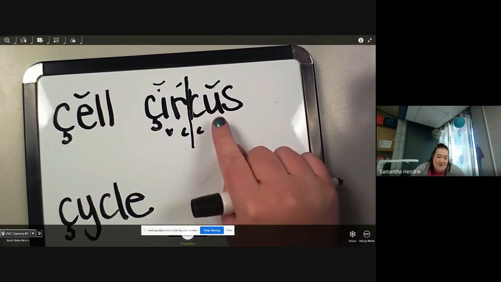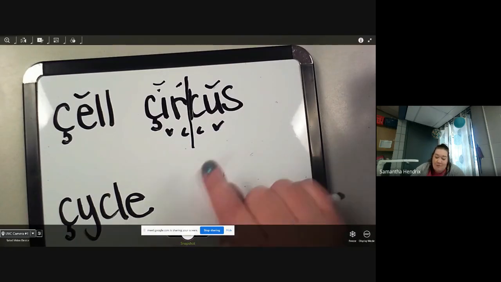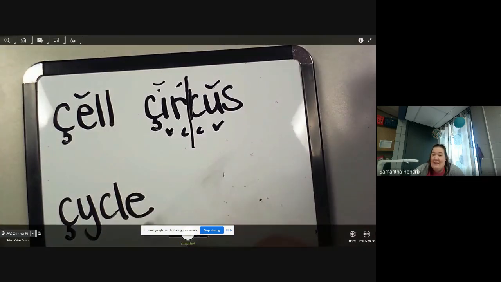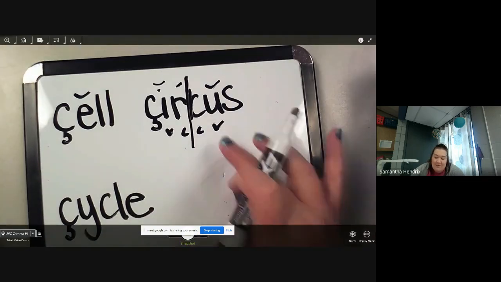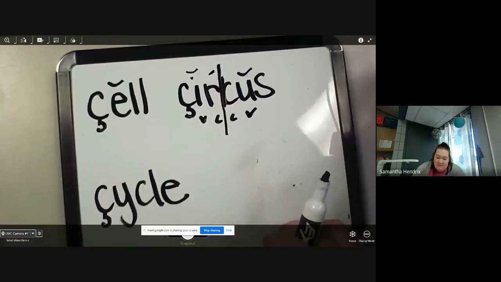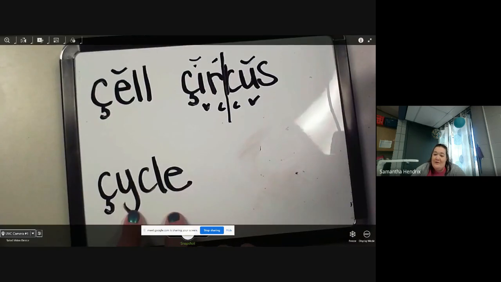Yeah, because it's followed by a U, right? We only do the cedillas on the C's that are followed by E, I, or Y. Okay, this is a U, so it gets a K sound. So let's look at this word. Two vowels.